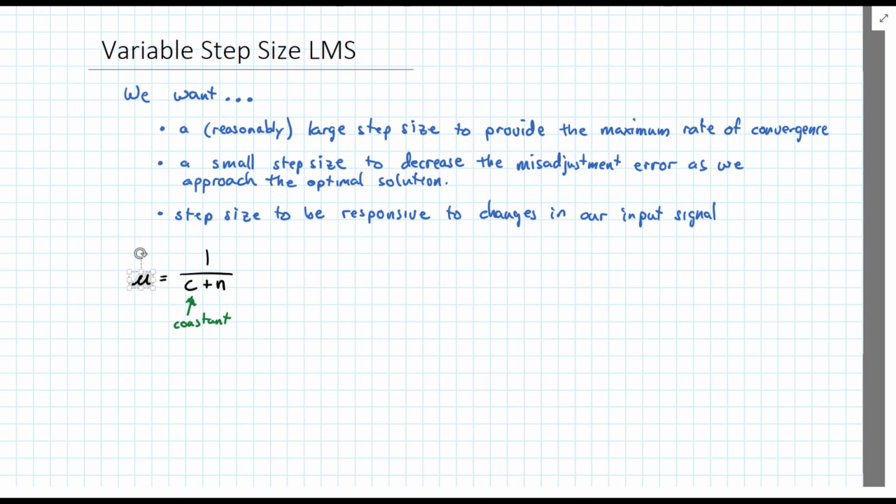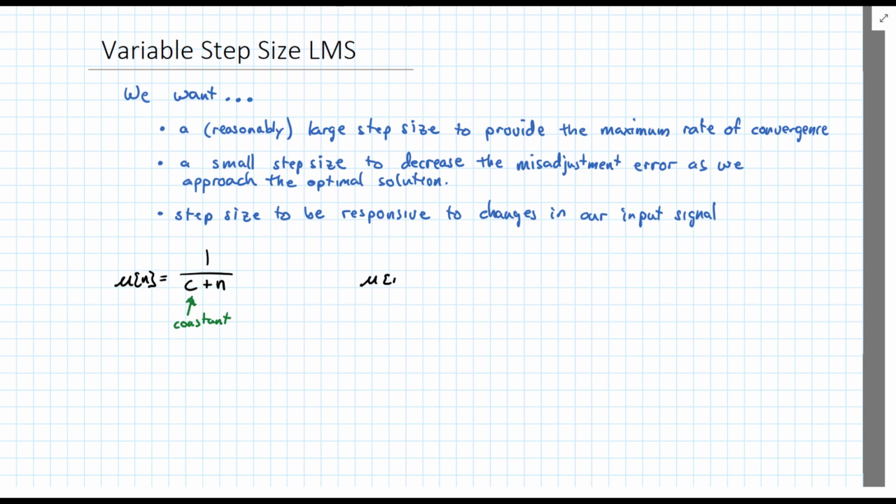So formally, I guess we should now make mu a function of n. When n is equal to 0, when we first start out, we will have a mu of 1 over c, and then as n increases, mu goes to 0. It might go to 0 a little bit too fast, though.